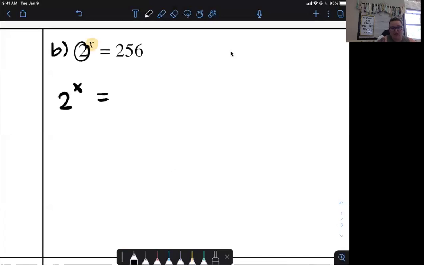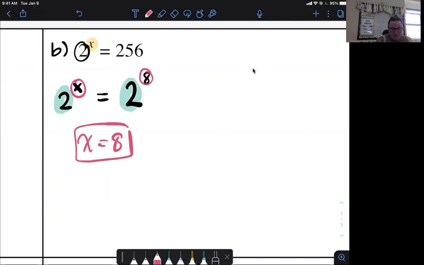Go ahead and do that for me. So we can rewrite 256 as 2 to the 8th. Our powers now have the same base, which means the exponents must be equal. So x is equal to 8. When I plug that back in, 2 to the 8th is equal to 256, which is true.